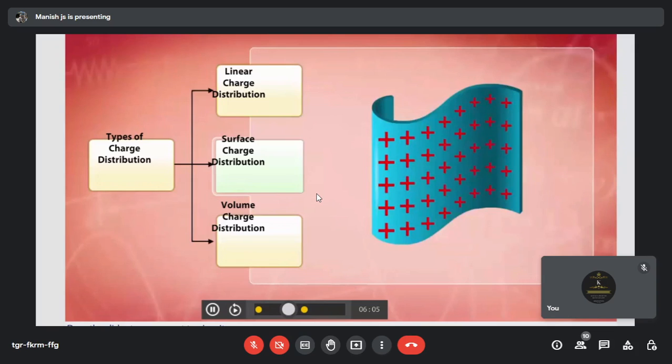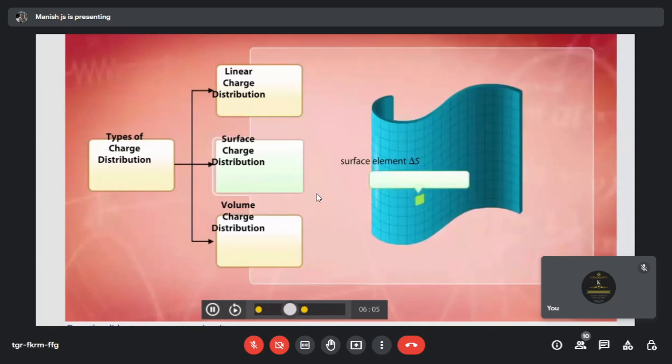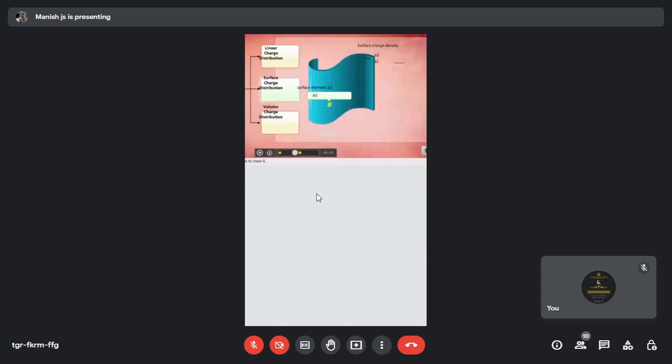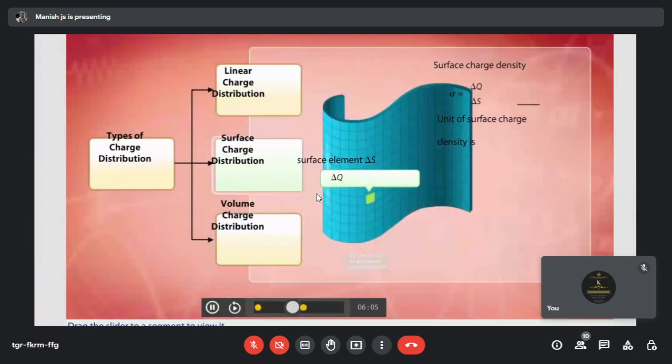To calculate surface charge distribution, we first divide the area into small equal surface elements, delta S. The charge contained in each surface element is denoted by delta Q. Then the surface charge density, sigma, can be defined as the charge per unit area. The unit of surface charge density is coulomb per meter square.